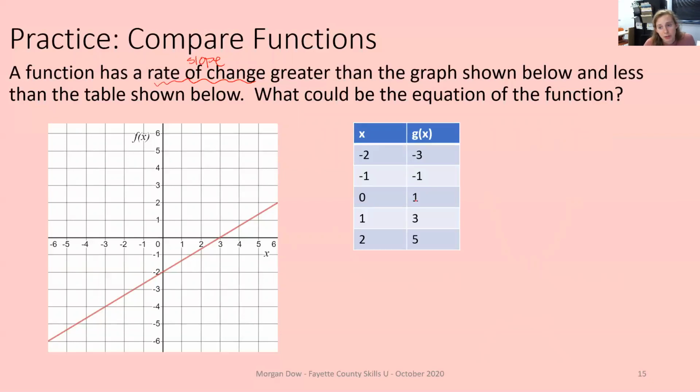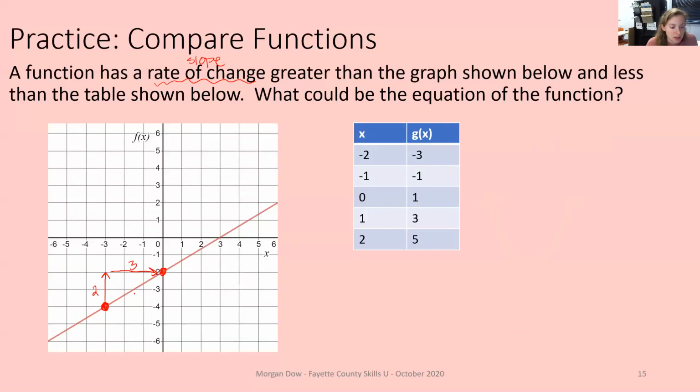So what's the first thing we should do? Well, we need to figure out what's the slope of the graph and what's the slope of the table. So for the graph, I'm going to do what we always do when we're finding slope on a graph. I'm going to pick a point, pick another point, and see how far I need to go up and how far I need to go over to get to the second point.